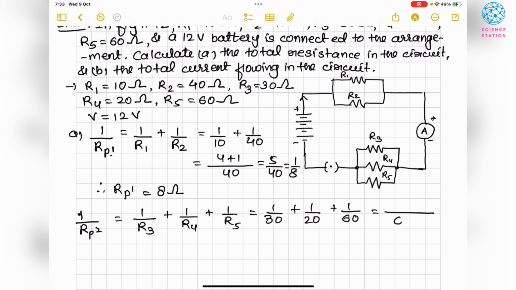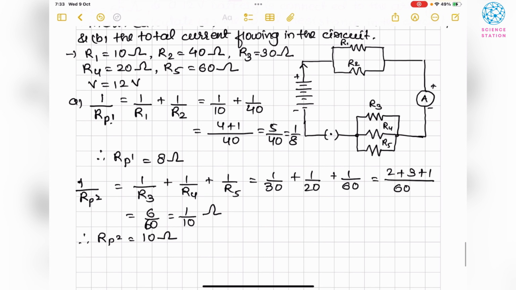LCM will be 60. So 2 plus 3 plus 1, that is coming 6 upon 60, so that will be 1 upon 10 ohms. Therefore Rp2 is 10 ohms.